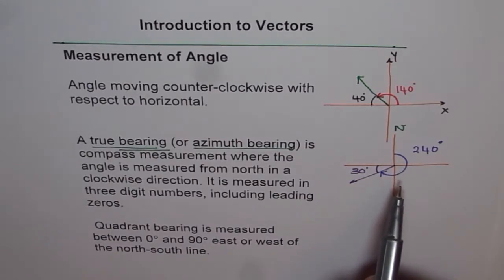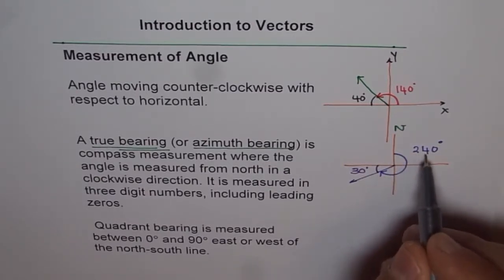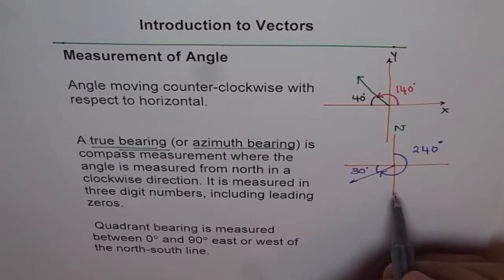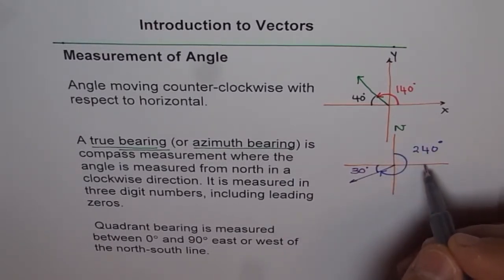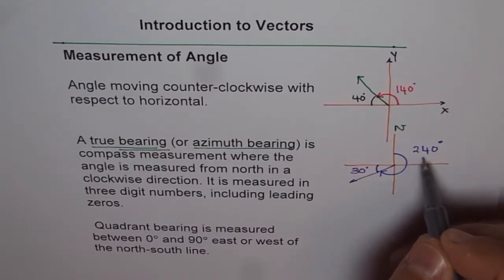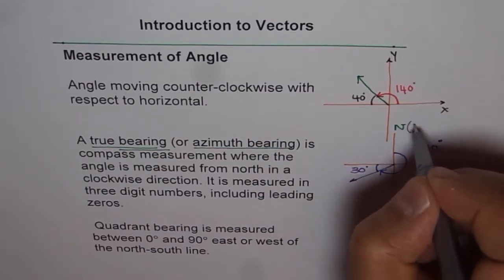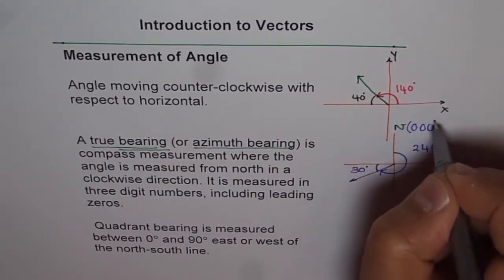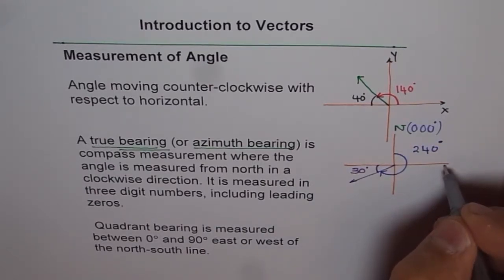Now, important thing here is that you have to always mention this angle in 3 places. And in case we have an angle in quadrant 1, you know it is going to be less than 90, so it will be in 2 places, right? In that case, you have to put 0 and then that angle, right? And north, we write north as 0, 0, 0 degrees. That's how we write north in bearing angles. And east, this x becomes east, right?